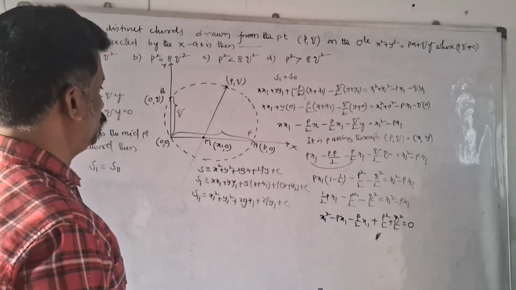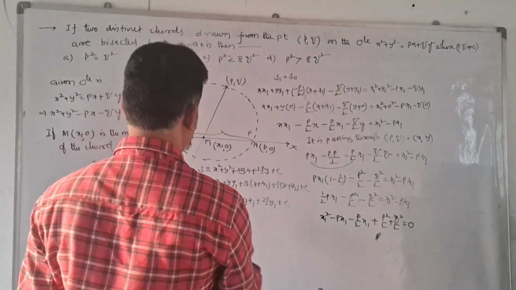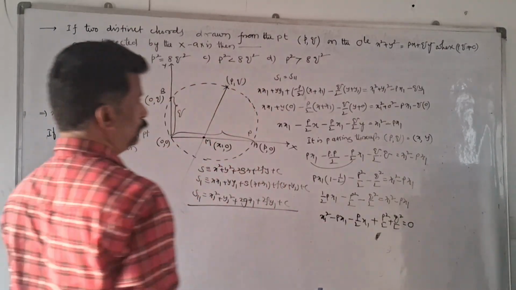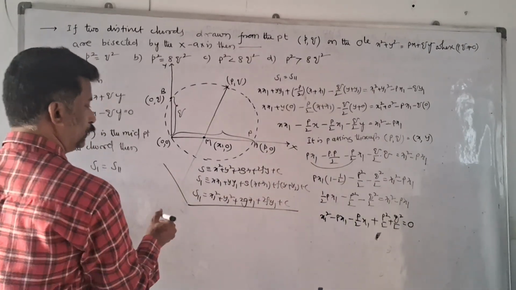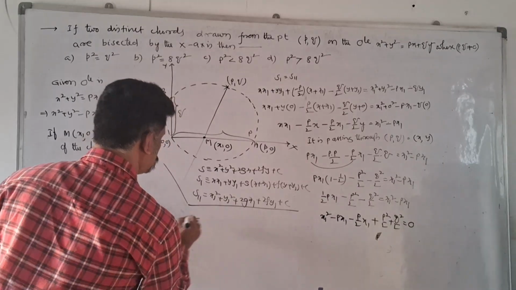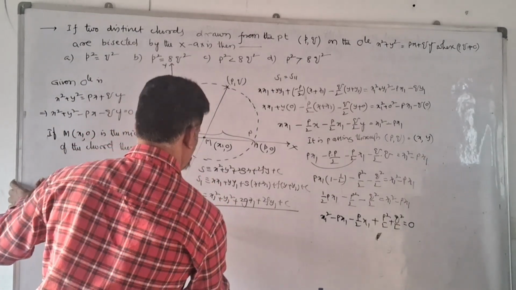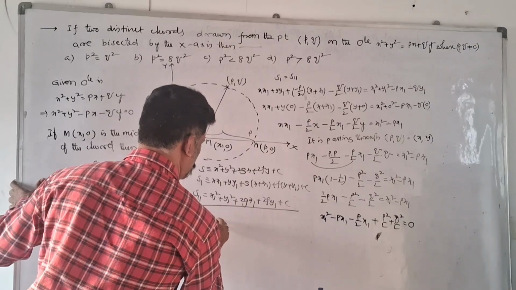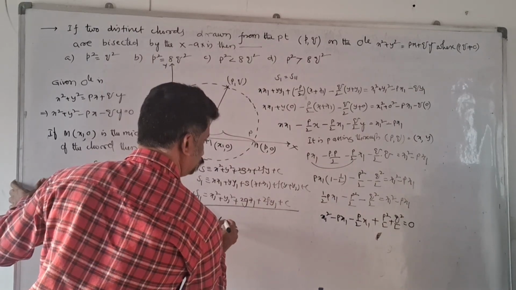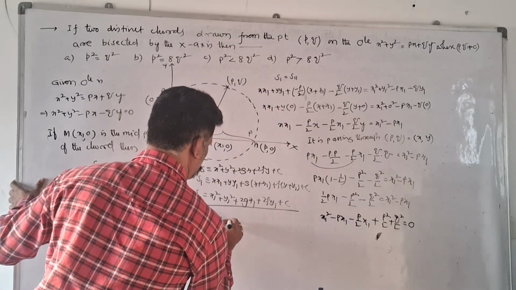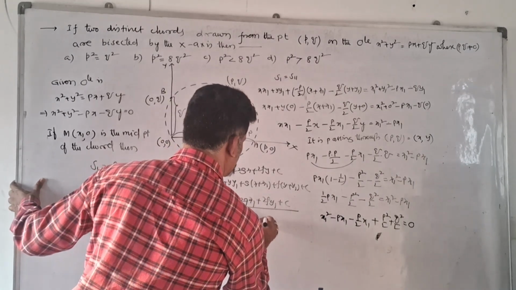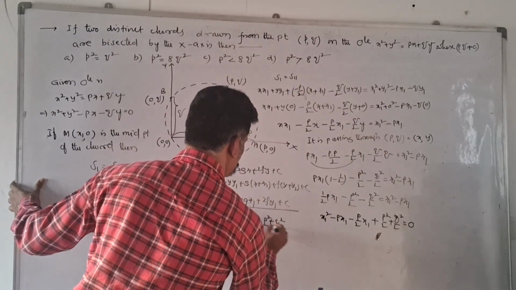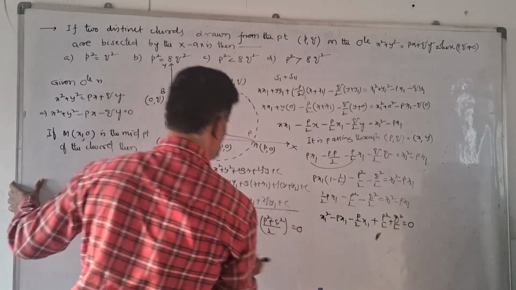Now this implies x1 square minus p common, 1 plus 1 by 2 into x1, plus p square plus q square by 2 is equal to 0.